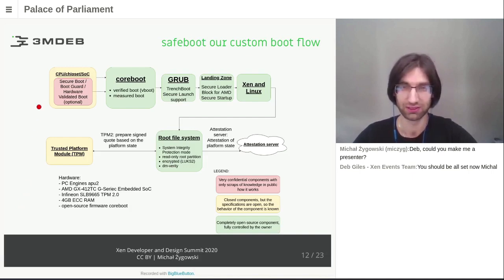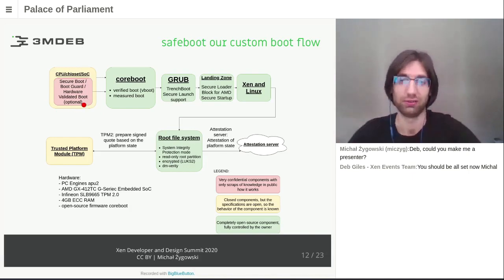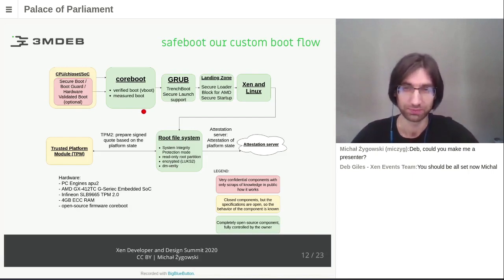So we also have this CPU, chipset and SoC, which is not always trusted, or rather, we do not always know what's inside. And this is the red block. We can have hardware validated boot, for example, and then we have coreboot.